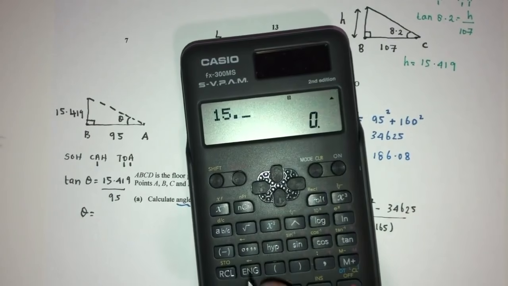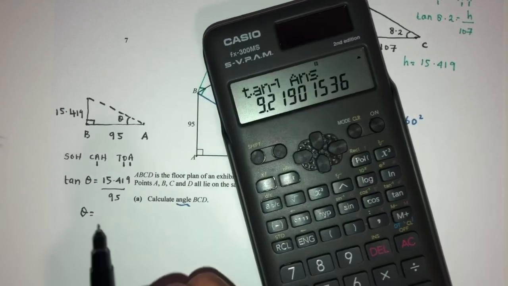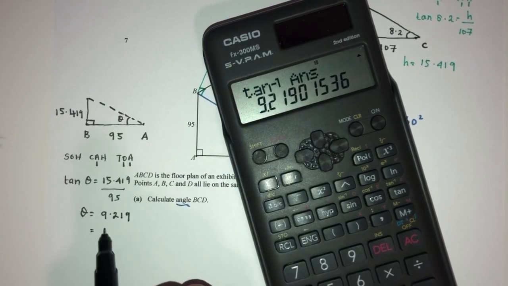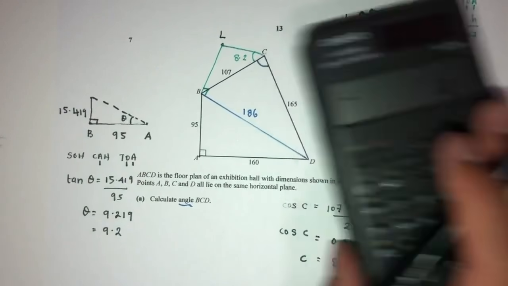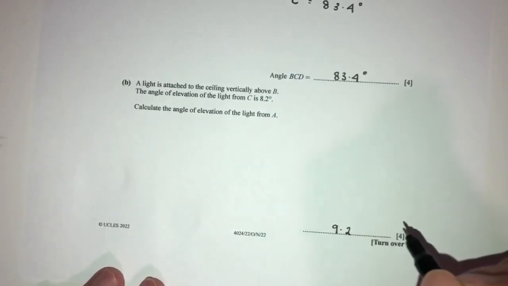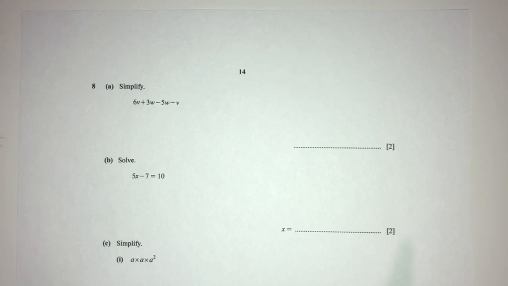Let's see what happens. 15.419 divided by 95, tan inverse of that will give you 9.22. Usually for angles, correct to one decimal place, it will be 9.2 degrees. Okay, and that will be your question number 7. So let's move on to question number 8.